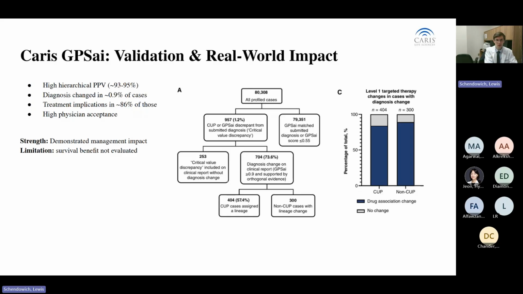And there was a pretty high physician acceptance rate when they actually ran this model. So this really demonstrated management impact. The survival benefit is not yet evaluated, and I don't expect it to be incorporated or reported in the future either. It's going to be very difficult to run a clinical trial on this.